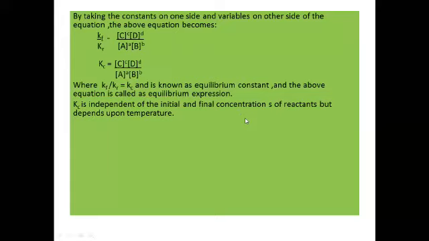The correct option will be temperature. Kc depends only upon temperature. It is independent of the initial and final concentration of reactants or products, or pressure. The only factor on which Kc, the equilibrium constant, depends is the temperature.